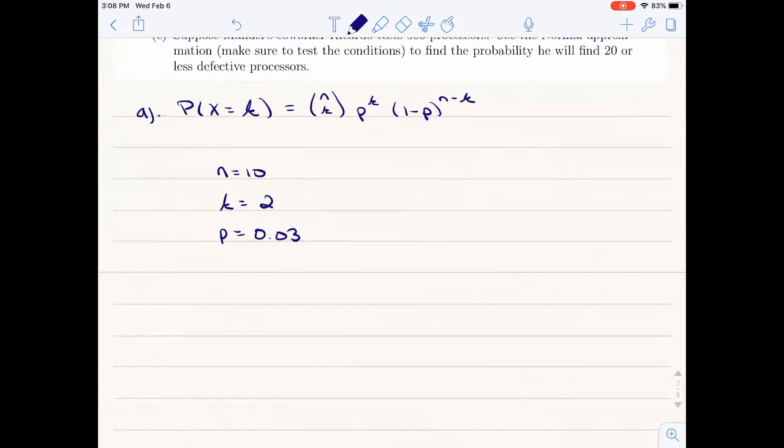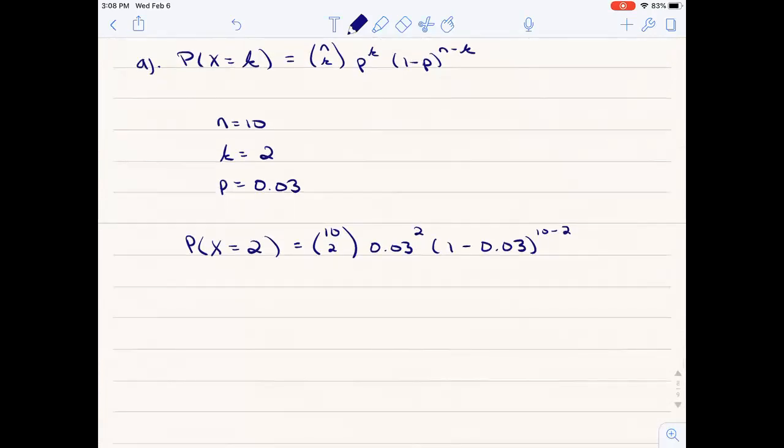So now we can do our formula here. The probability that x is exactly 2 defective processors is 10 choose 2 times 0.03 to the power of 2 times 1 minus 0.03 to the power of 10 minus 2. 10 choose 2 on your calculator is just 10 on the screen, and then second, it's the NCR button or NCK button.